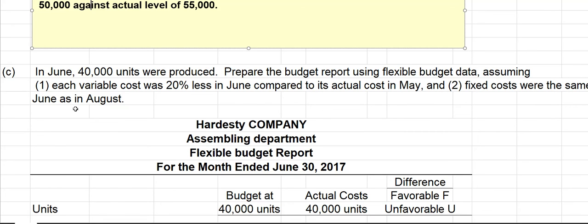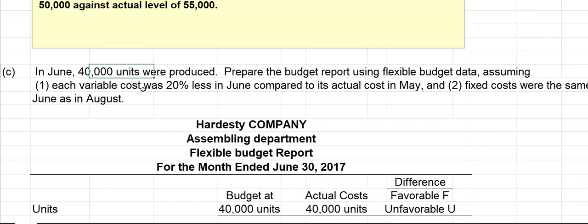Part C of the problem asks us to make an adjustment for the actual cost. We are assuming now that the actual level of performance for June was 40,000 units as opposed to 55, so there is almost a 27% drop, well, a little more than 27% drop in the activity level.